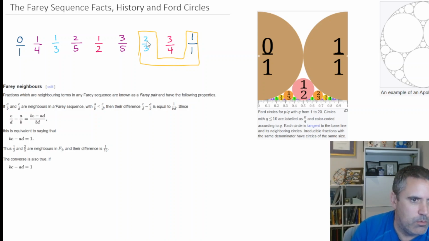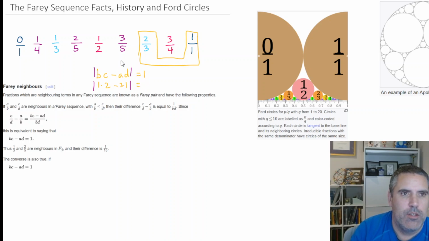Because if you do, how do they write it? BC minus AD, you get 1. Now BC would be, I'm trying to use the same symbolism they use, 1 times 2, this sort of cross multiplying, and 3 times 1. Did I do it in the same order? Maybe not, because I'm getting -1. I think typically it's written this way. It's because I did the wrong order that I didn't get what they had.